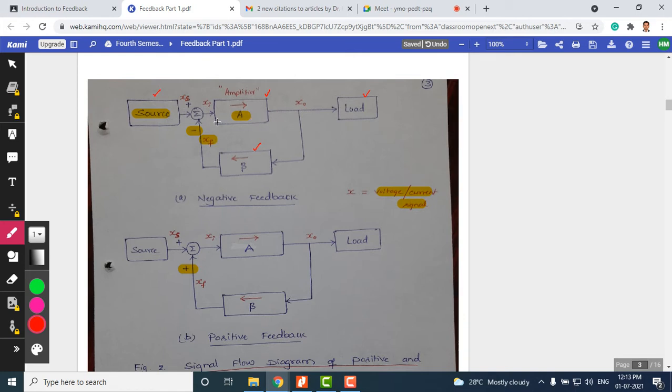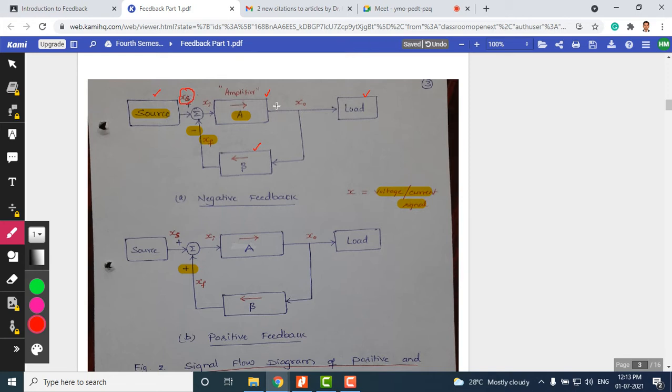Okay, so in this you can see there is a summing block, we call this a mixer in general. There is a mixer here which will mix the source signal, which we call here XS, small x with subscript S. This is nothing but the source signal here.